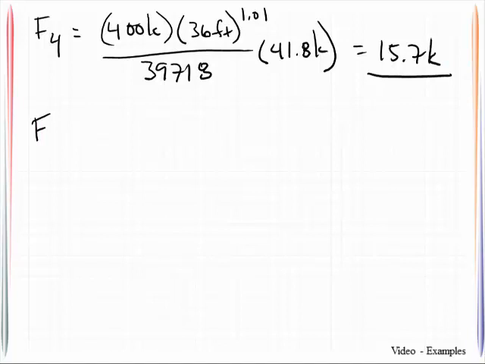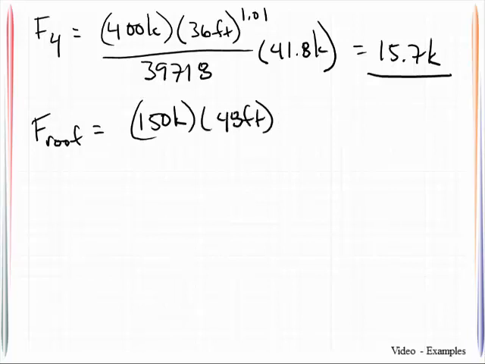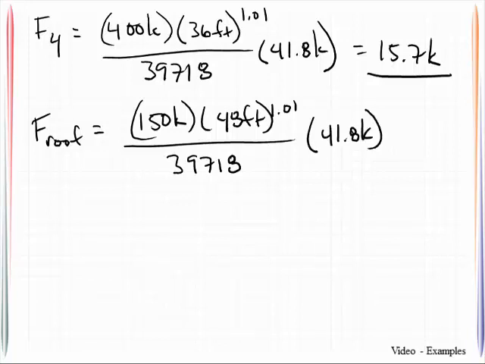And then finally, for the roof, divided by the usual denominator, multiplied by base shear, gives us 7.9 kips.